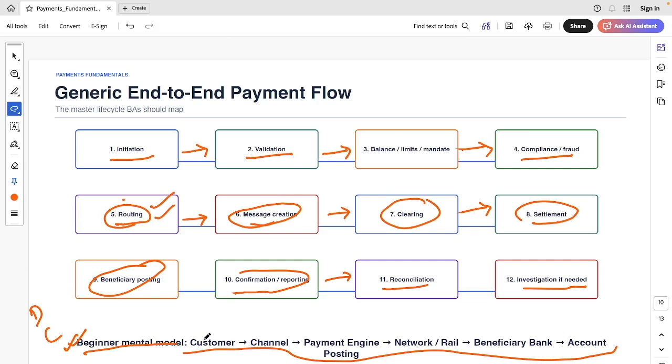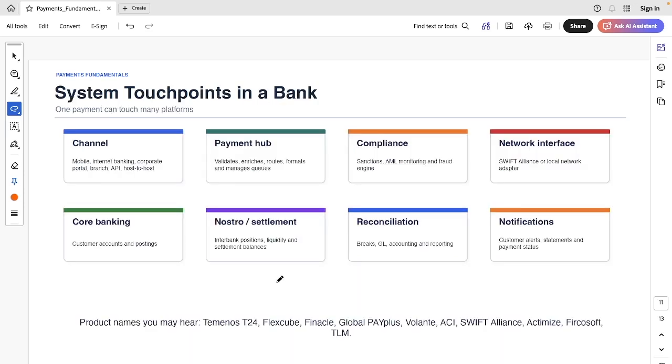It starts from the customer, then goes to the channel, then to the payment engine, then to the network rail, then to the beneficiary bank, then to the account posting. Account posting means the beneficiary customer gets the amount in his or her account. So one payment can touch many platforms, and this is why payment projects are very complex.